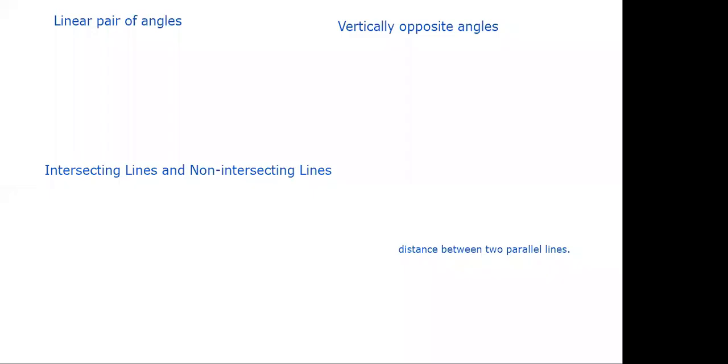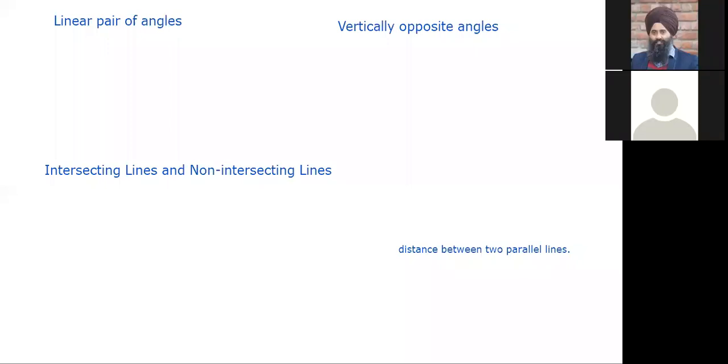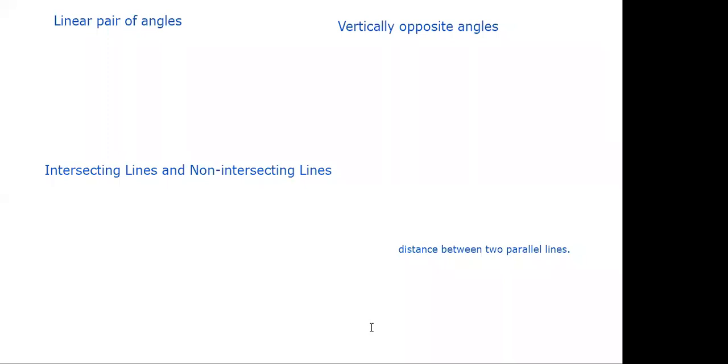Alright, students, today we are going to do the second chapter, the second lecture for the chapter lines and angles. So first we will see what is linear pair of angles. So students, let's say I draw a line segment AB, right?